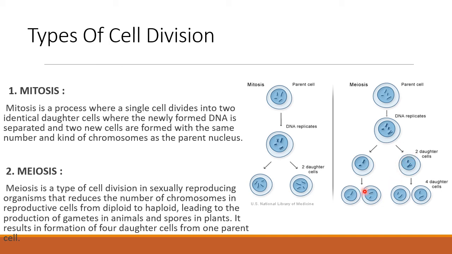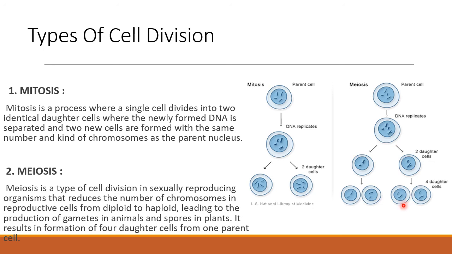So gametes will have half the number of chromosomes. That's why another name of meiosis is the reduction division. Why is it called the reduction division? Because the number of chromosomes is reduced to half in each of the four daughter cells.